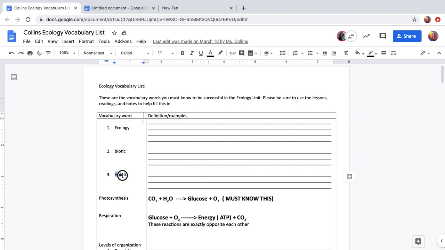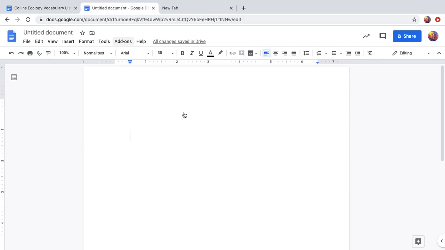Our next word is abiotic. And we're going to see another super important prefix here. So A means not.